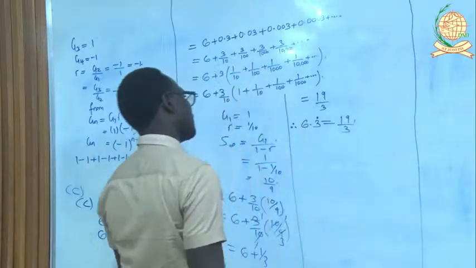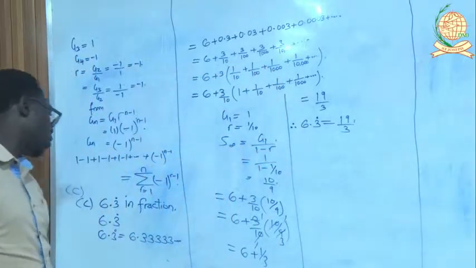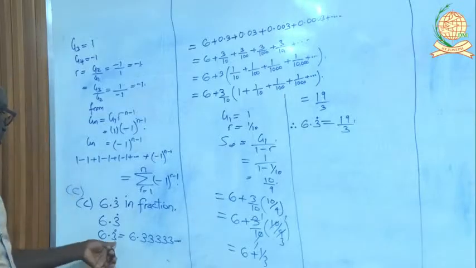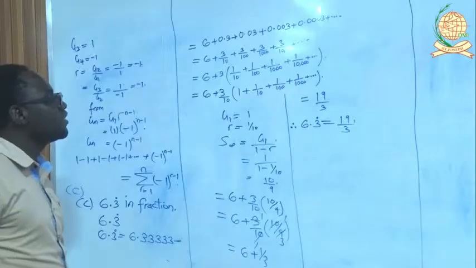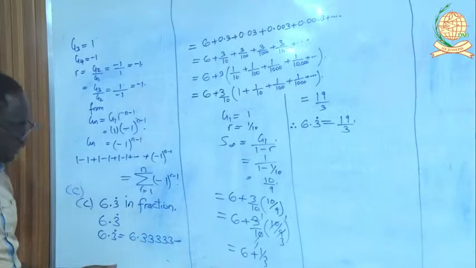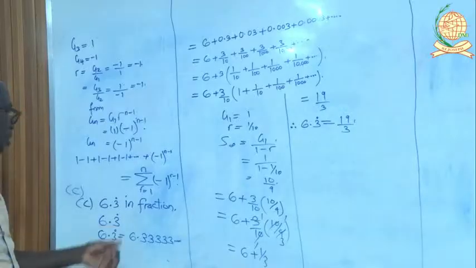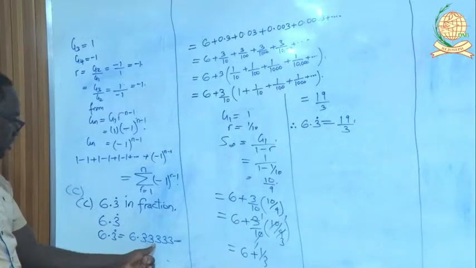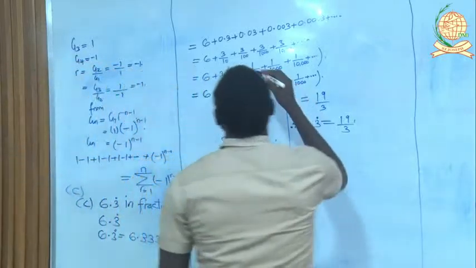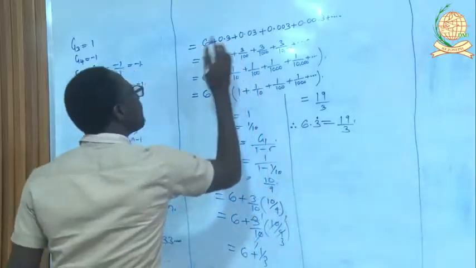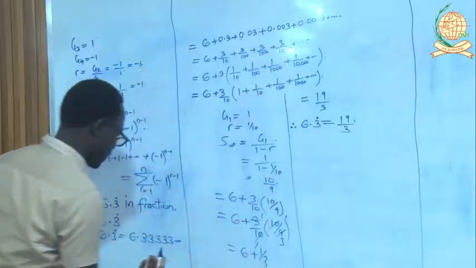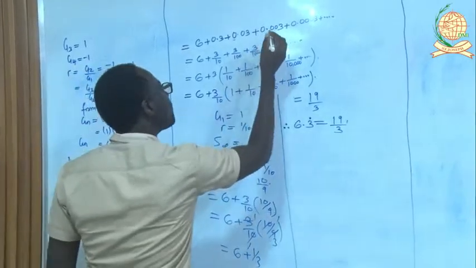This is how to express the recurring decimal 6.3 repeated as a fraction. First write it in long form: 6.3 repeated is equal to 6.3333, continuing that way, which is the same as 6 plus 0.3, the first 3, plus 0.03, the second 3, plus 0.003, the third 3.